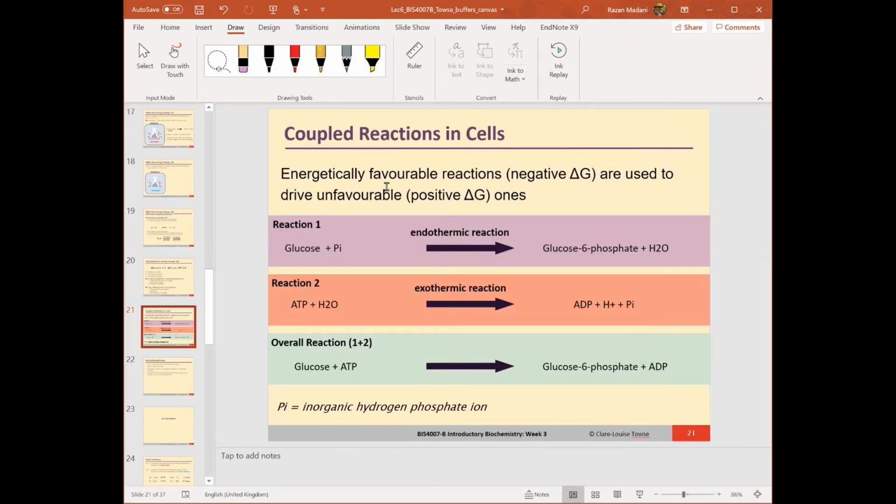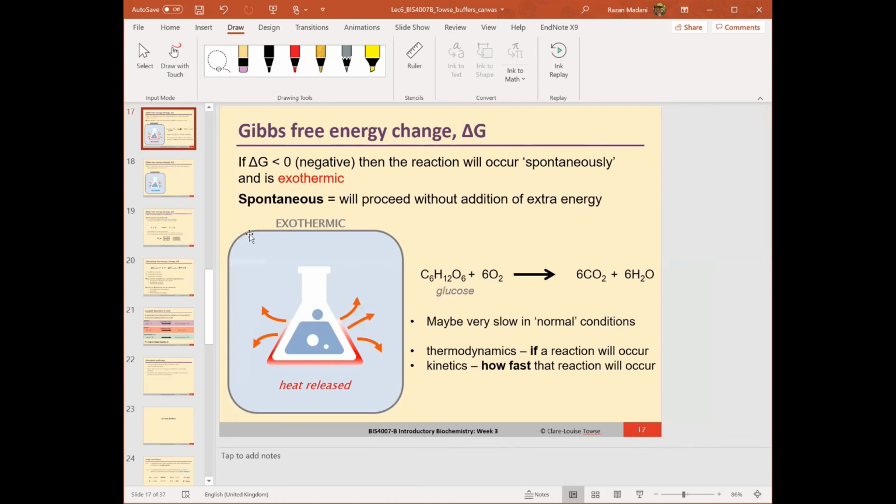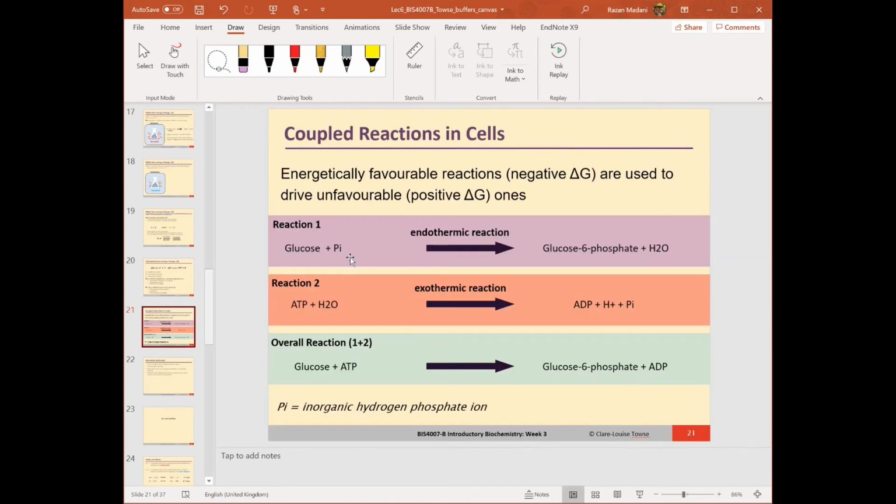But here, these are saying energetically favorable reactions. So they are adding more energy to it to drive an endothermic one. So these ones are going to add more energy to make it endothermic instead of exothermic. So see, this is glucose, but with phosphate, right? Yeah. It's very important to remember Pi is phosphate. Some people just forget what it is and think it's just a term.